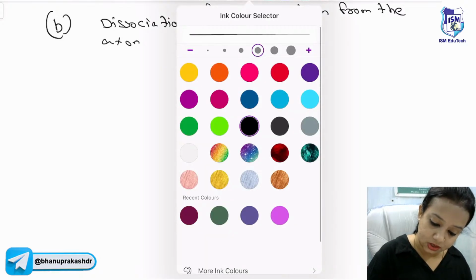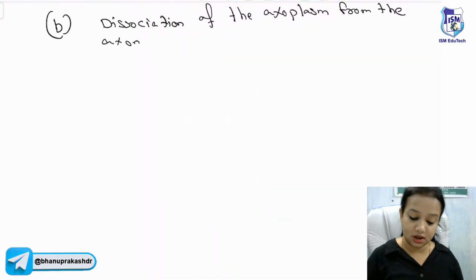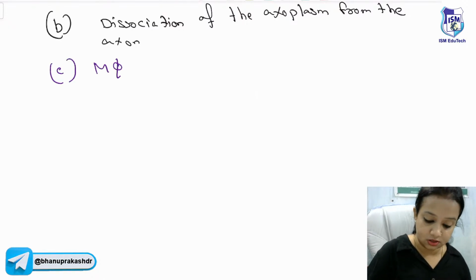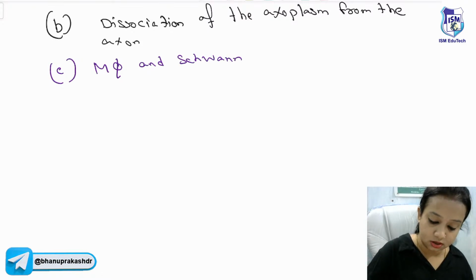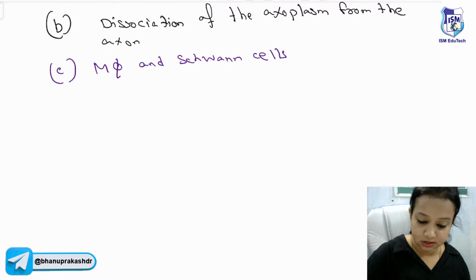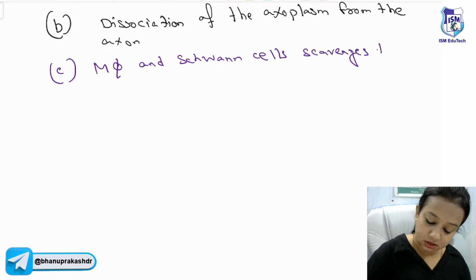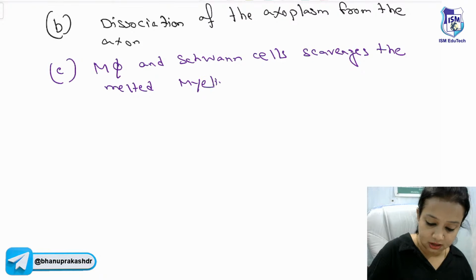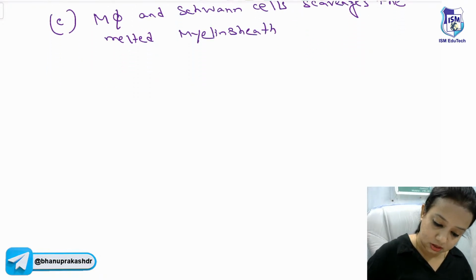The droplets that are formed from the myelin sheath, the macrophages and Schwann cells scavenge the melted myelin sheath.